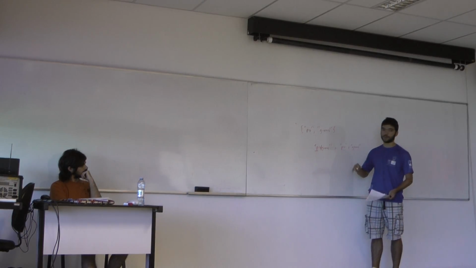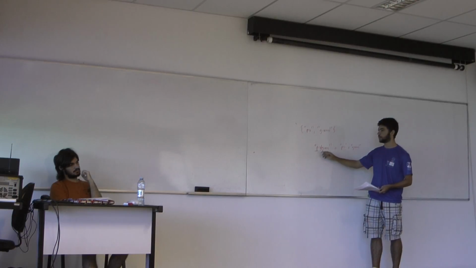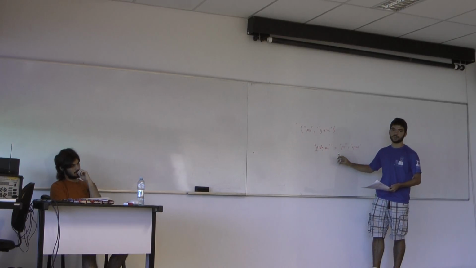So the subproblem here is, for a given suffix, in how many ways can you form that suffix using words from the dictionary? So you have basically n states, one for each suffix.